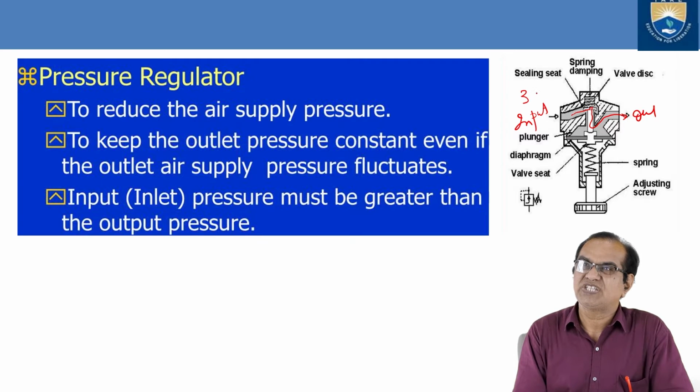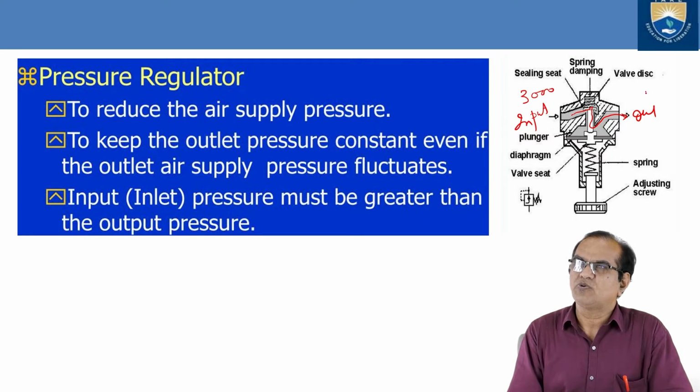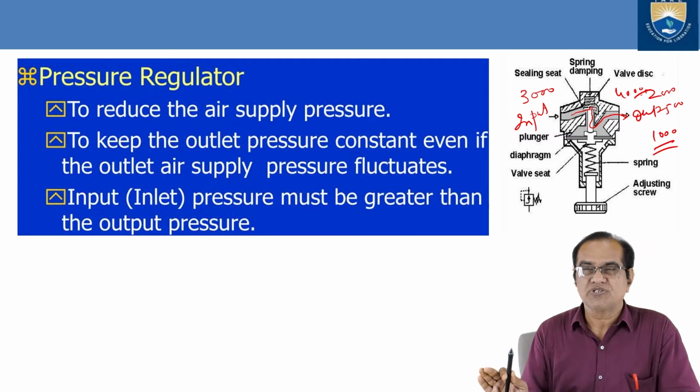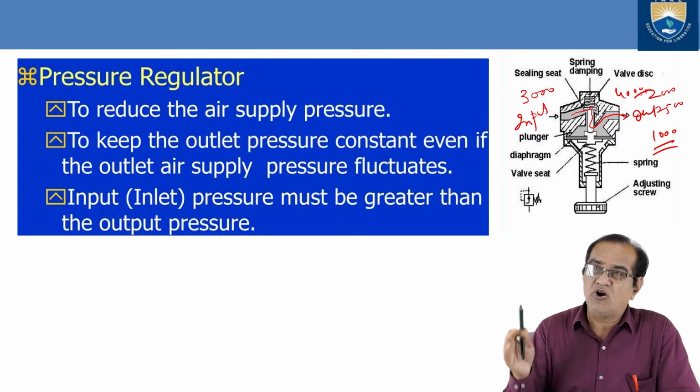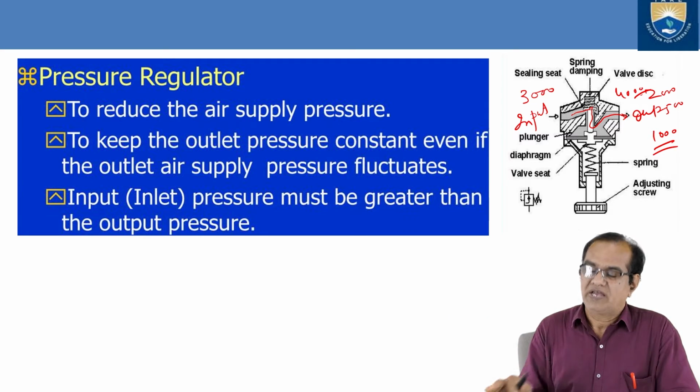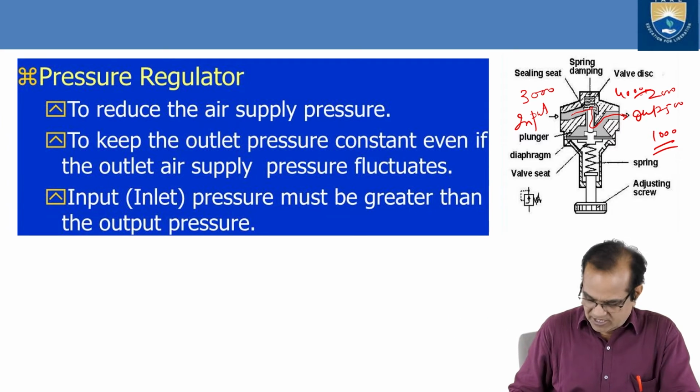If it is 3000 and you want 2000, 2500, 1000, it is possible. But you cannot get 4000. This is not making that. So it ensures that the pressure is reduced, and that the output remains at a constant pressure throughout. All these things are ensured by the pressure regulator.